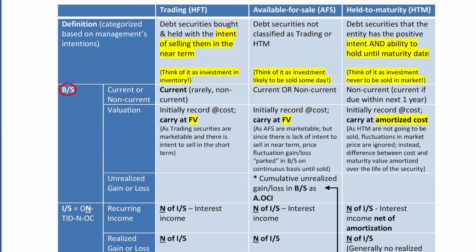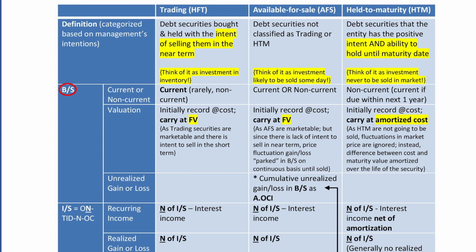Think about it. As the held to maturity securities are not ever going to be sold, the fluctuations in the market price don't matter, they're ignored. Instead, the difference between the cost of buying the securities and the maturity value is amortized over the life of the security.